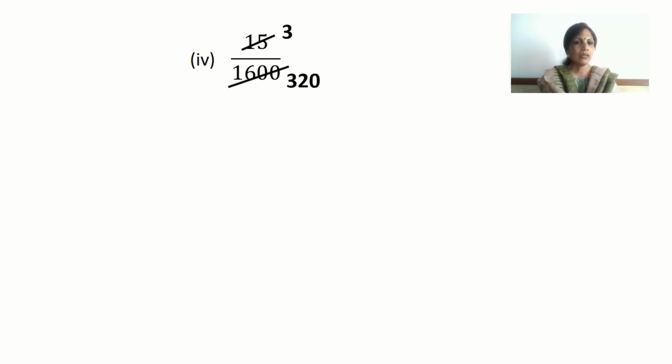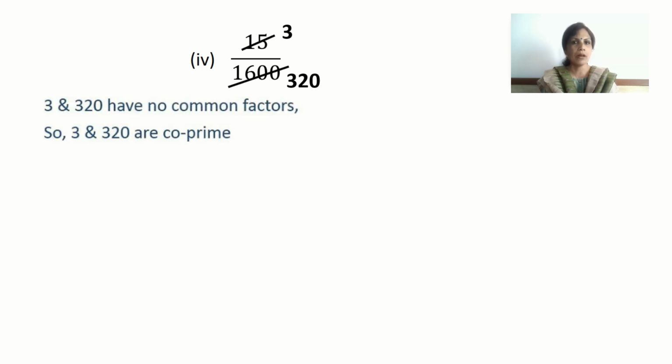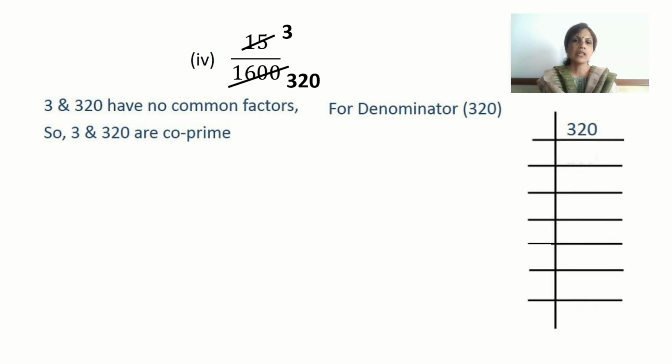So we can make out that 3 and 320 both are co-prime numbers because they don't have any factor which is common other than 1. Let's check for the denominator now. 320 is the denominator. Let's factorize it. So we will start with 2 into 160, again 2 into 80, again 2 into 40, 2 into 20, 2 into 10, 2 into 5, and then 5 ones are 5.